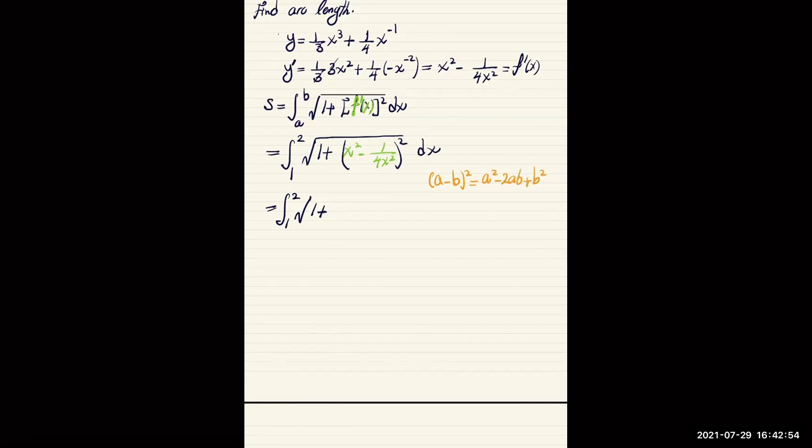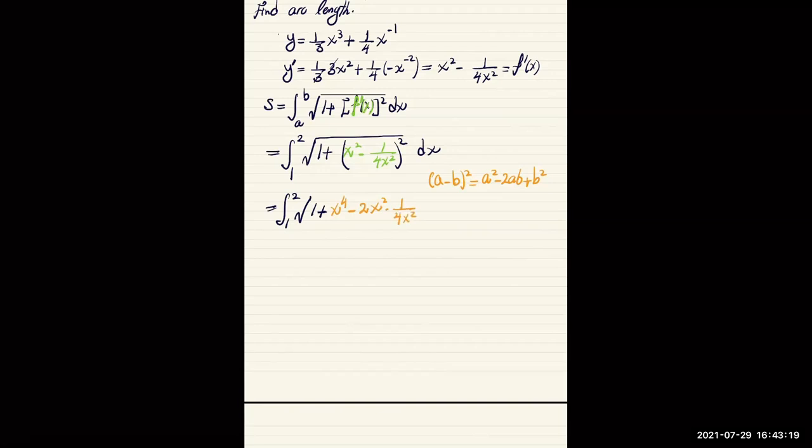When you FOIL out a minus b, that's what you get. So I'm going to do that on the square here. You just do the square of x squared, that gives us x to the 4. Minus 2 times a, which is x squared, times b, which is 1 over 4x squared. It's just a fast way of FOILing out.